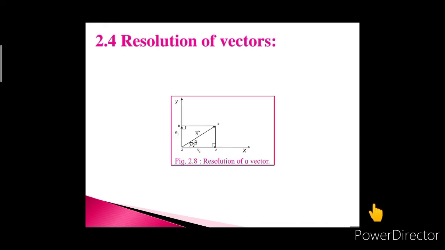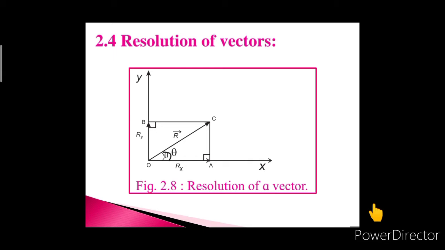In this figure, the vector r is given, originating from the point O and directed to the point C, and we are considering the resolution of the vector r along the x axis and y axis.